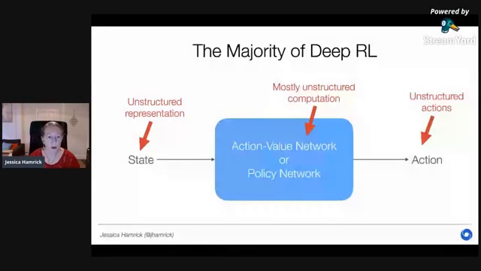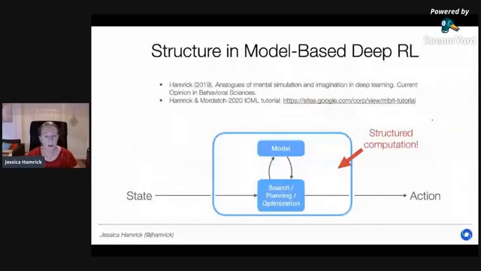But we can also think about ways that we can further structure the computation of the policy to get even more benefits. One way that we can do this is by using a model-based approach, which incorporates more structure into the computation by factoring it into a model of the world, and then some search or optimization procedure that operates over that model of the world.